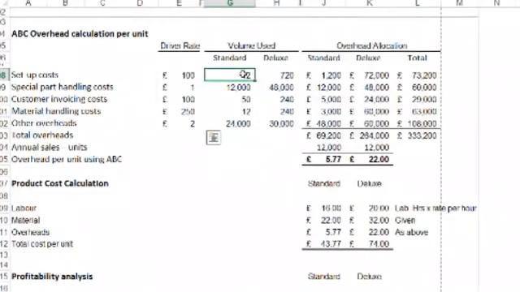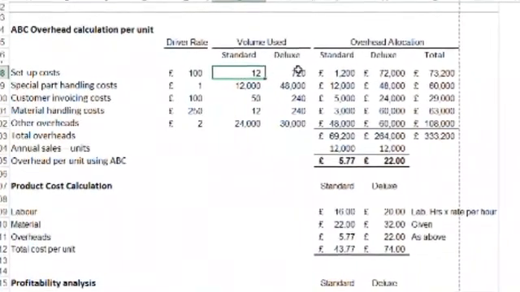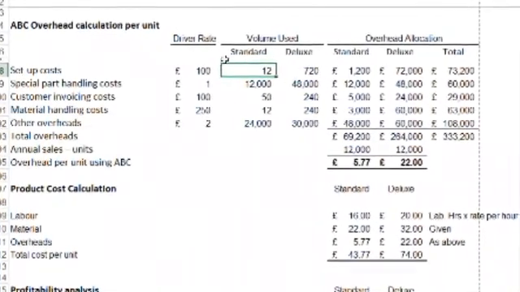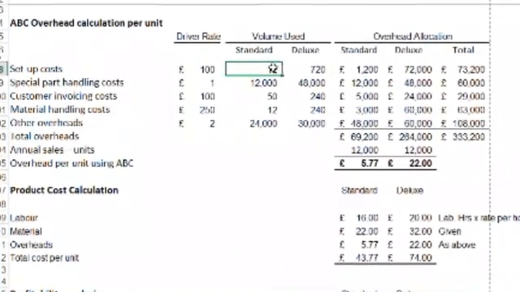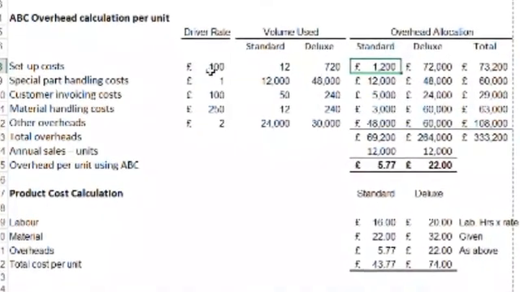Now volume used, how much volume is used of standard and how much volume is used of deluxe. So we will multiply this volume by the rate. So for standard it is 12 times 100, 1,200, and for deluxe it is 720 times 100, 72,000, and altogether it is 73,200.